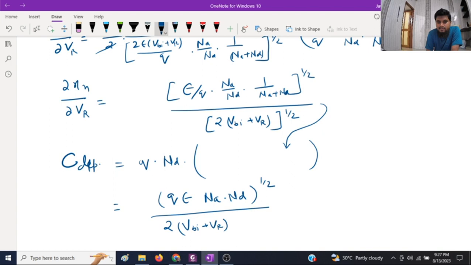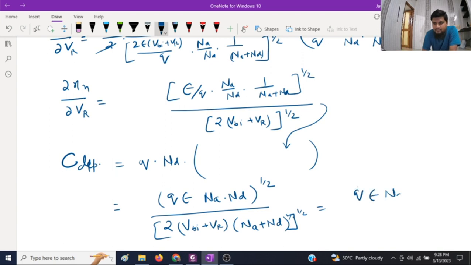So this Na plus Nd will come in the denominator, Na plus Nd whole root. Right.